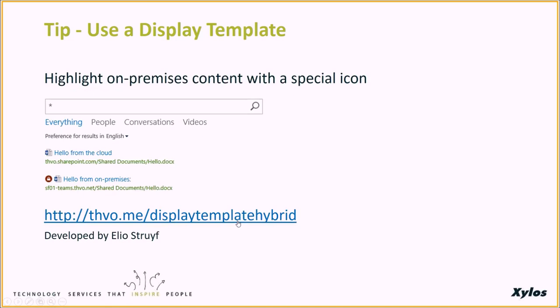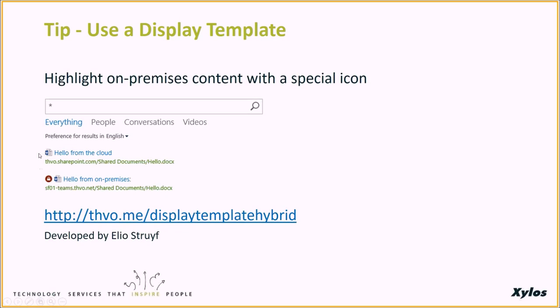And together with Elio Struijf, someone else in the SharePoint community in Belgium, I've created a display template especially for that. It's free, it's on GitHub, you can download it through this URL, and you can configure a display template for all your external content, so for all your on-premises content.